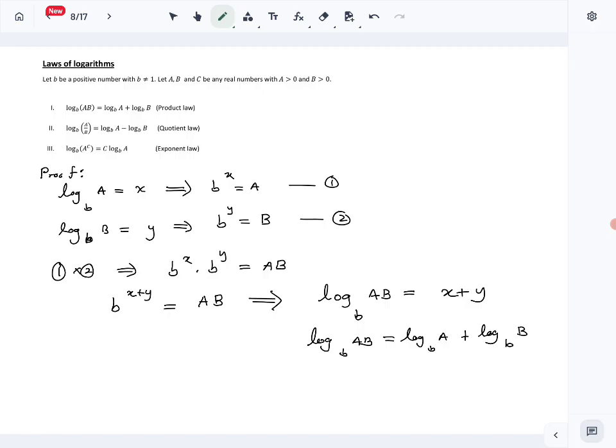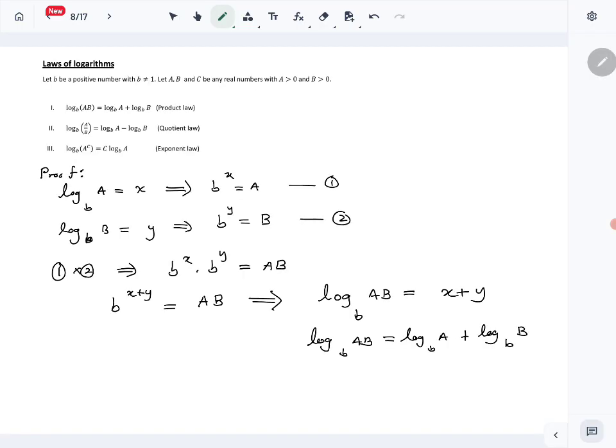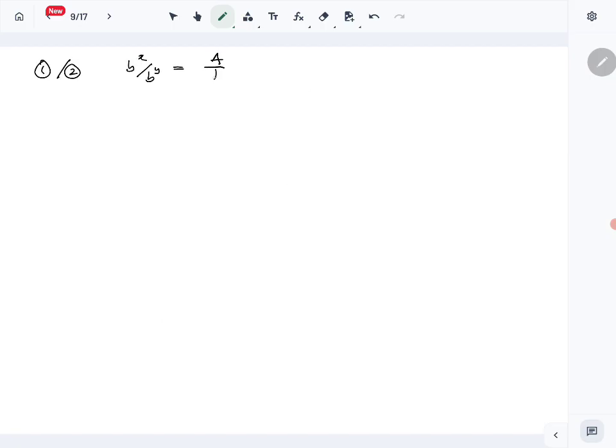Then similarly you can do the quotient law. So I have to do what? Equation 1 divided by 2, right? So b to the x divided by b to the y is equal to a over b. This is b to the x minus y equals a over b.